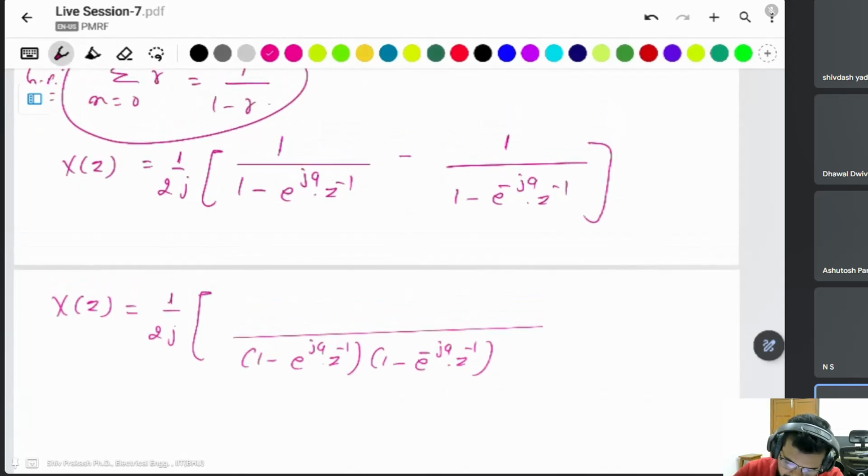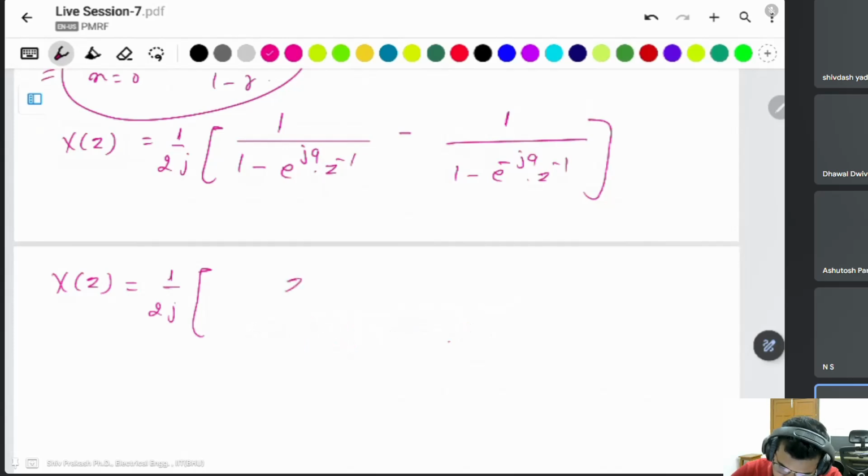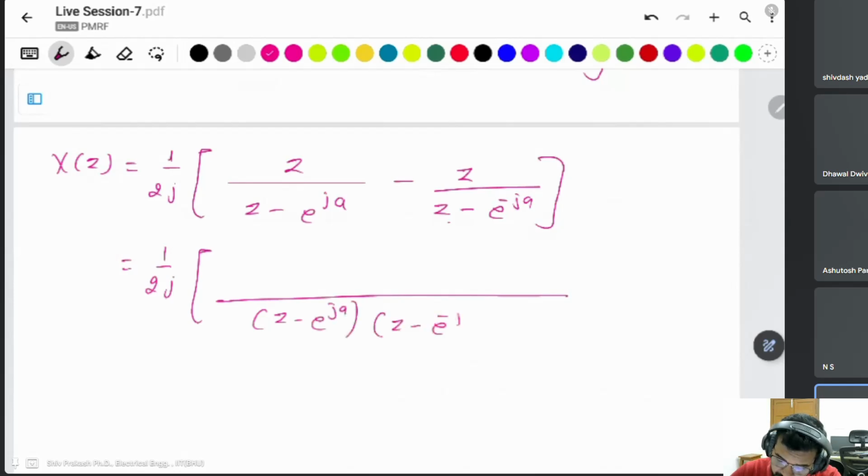Or you can write this one once again as z divided by z minus e to the power of ja, minus z divided by z minus e to the power of minus ja. Then take the LCM for this one: z minus e to the power of ja, z minus e to the power of minus ja. The multiplication factor is z.